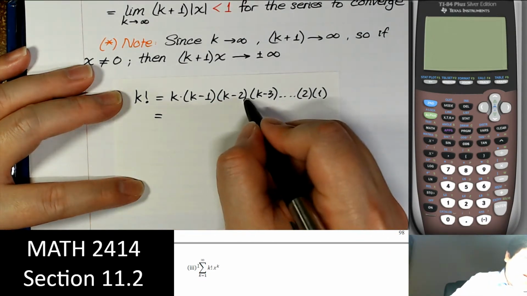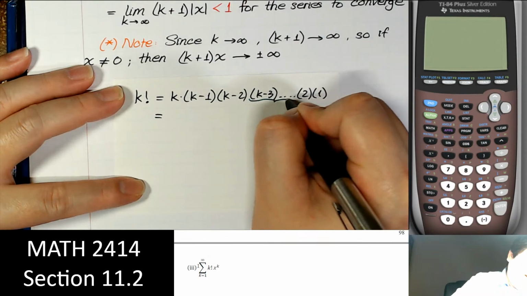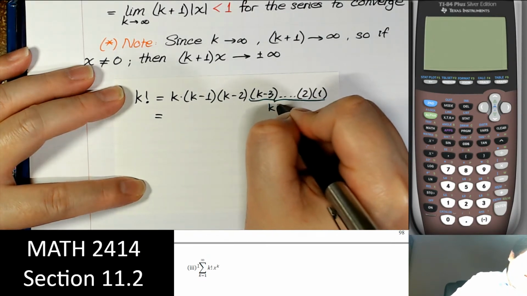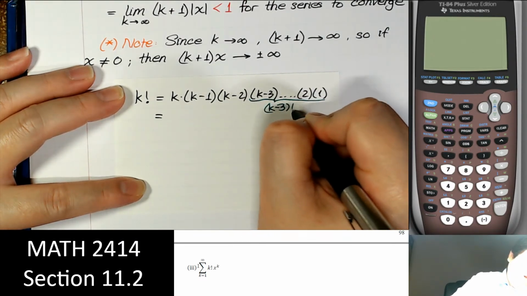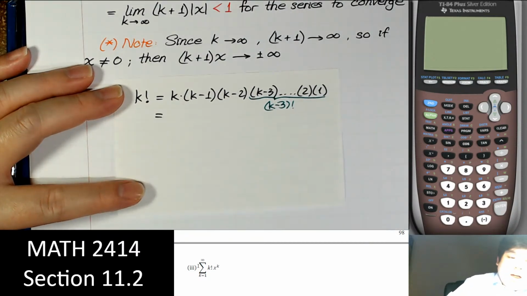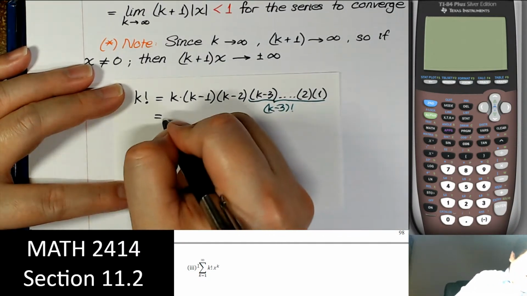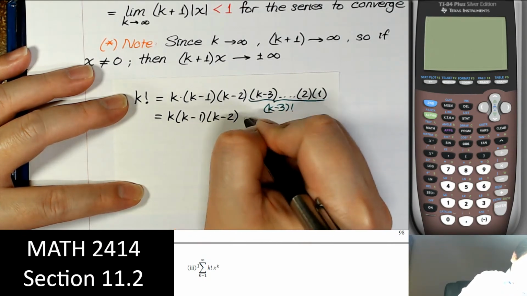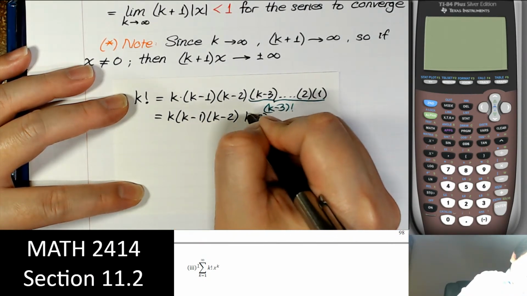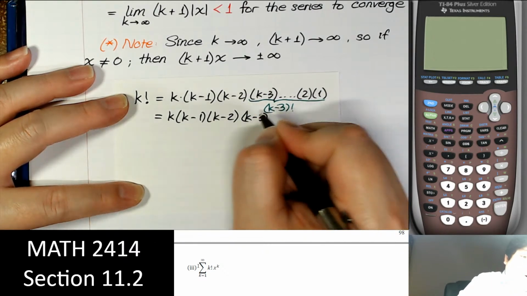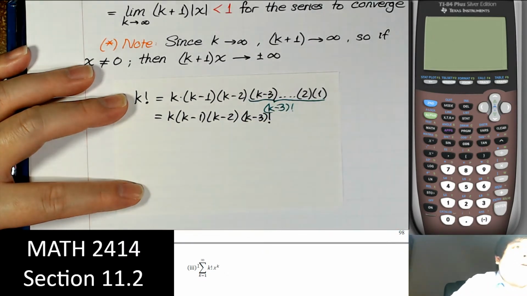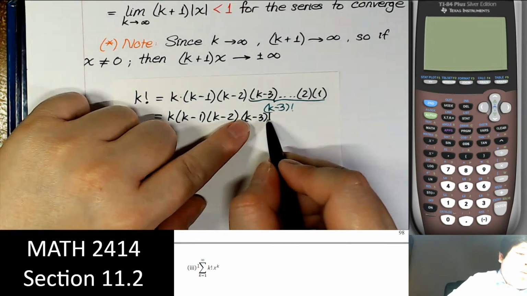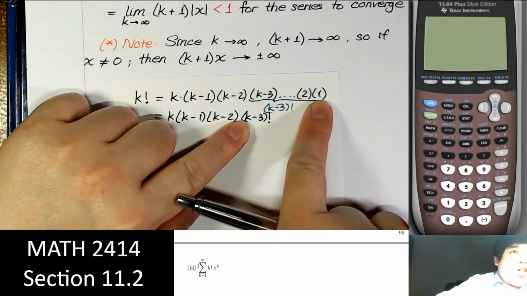Let's say we stop here. That, of course, is k minus 3 factorial. So we can have k times k minus 1, k minus 2, and k minus 3. If we don't want to write any more, we just say factorial. So factorial means that we just keep going until 1.